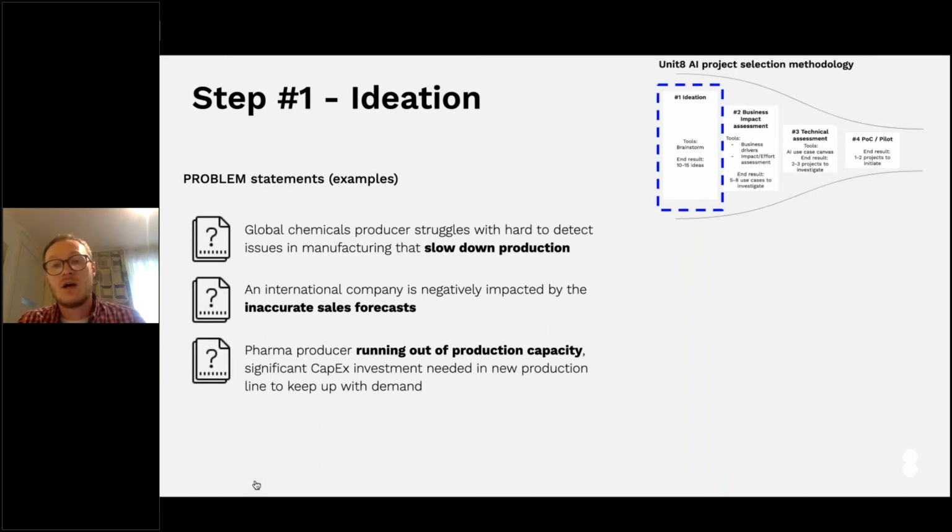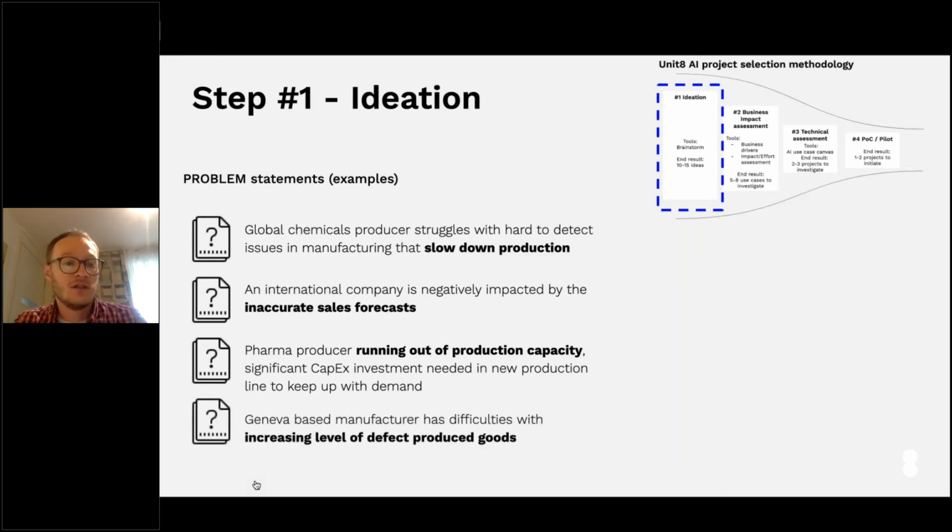And again, we came up with that problem statement, and we started to go through our methodology to see, hey, can we find one or two ideas in the area of machine learning to help increase the productivity of that particular production line.